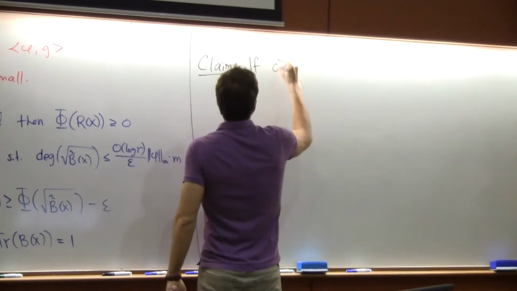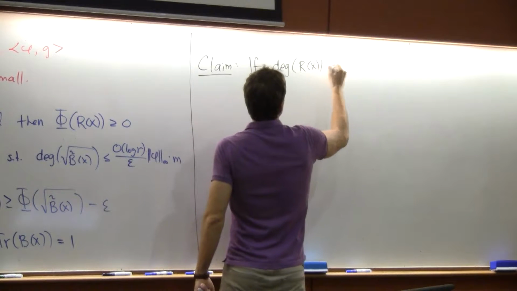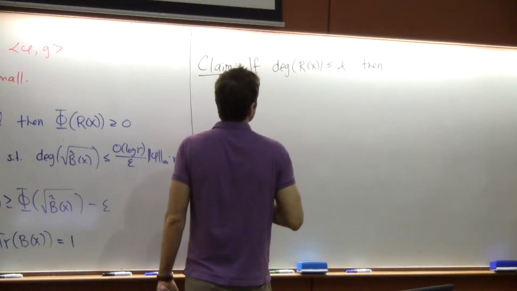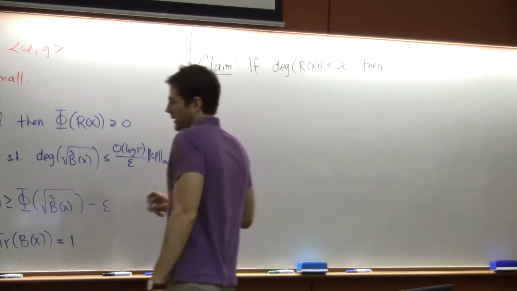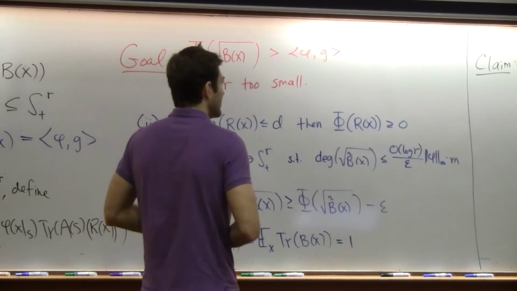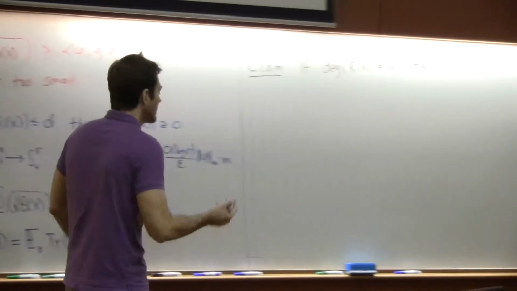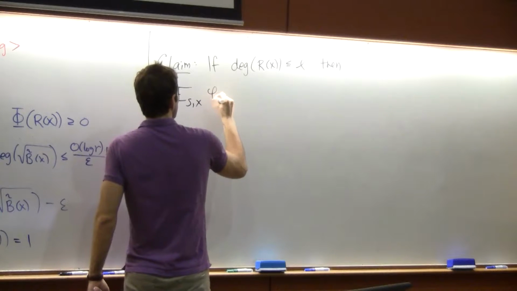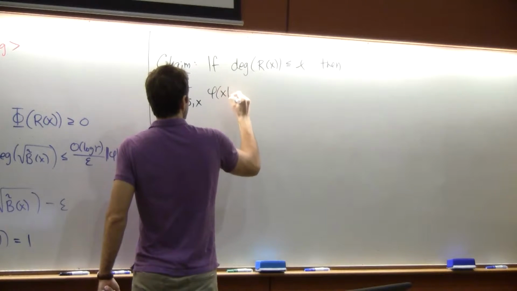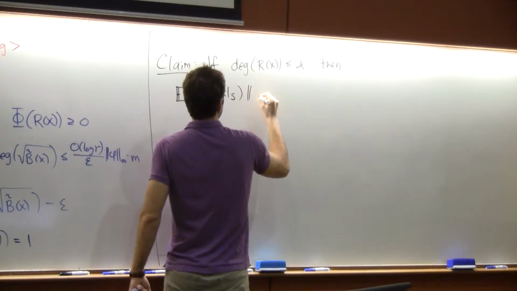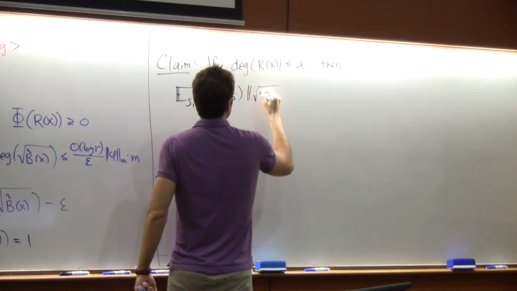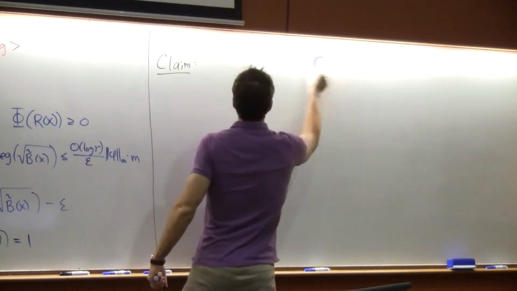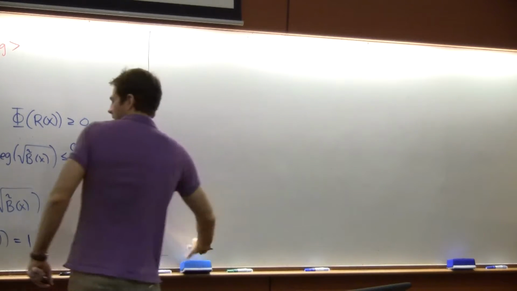So if the degree of R is at most, say, L, then the way I set it up, it's going to look a bit ugly, but then we'll simplify. I want to prove a generic lemma in a second, but I want you to see how it's going to apply first.